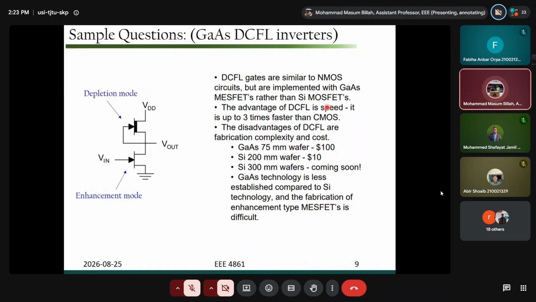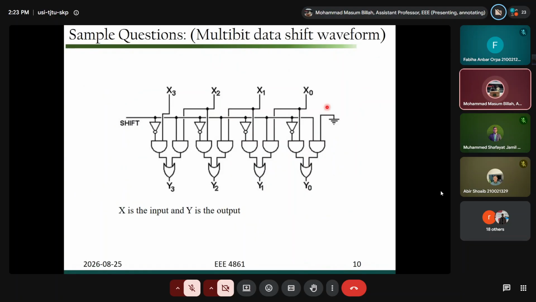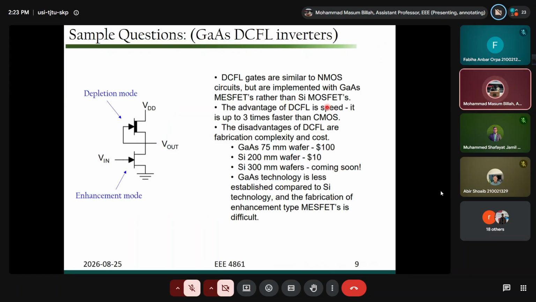Combinedly, there are other topics as well. BiCMOS and gallium arsenide will have one full question of 30 marks. If you see the topics on BiCMOS and gallium arsenide devices, it's not only circuits but also the explanation of the device, working principle of the device, and comparison of the device with conventional CMOS.